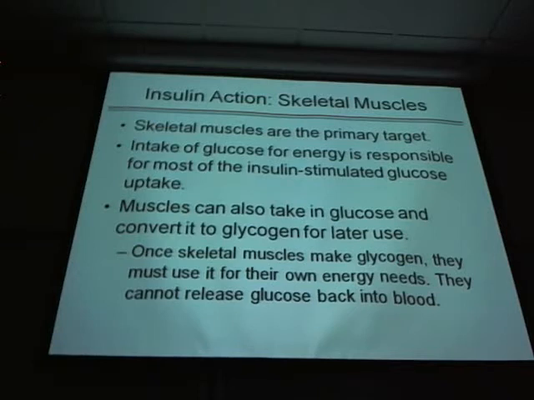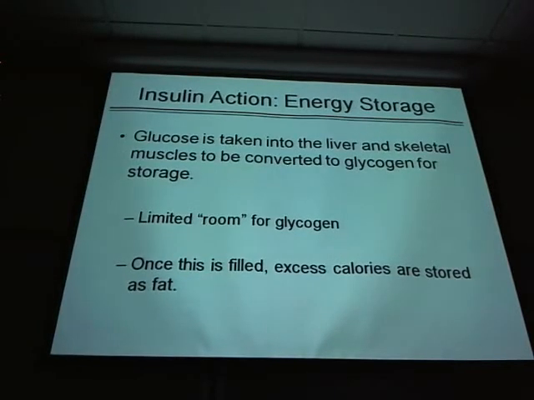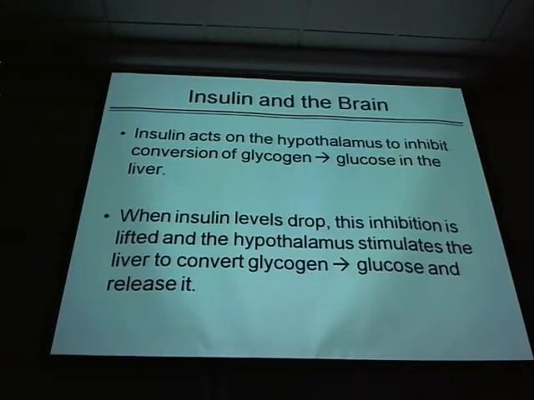The insulin puts the GLUT4 receptors in there. Muscles take in the glucose and convert it to glycogen. It stays in there and doesn't come back out. Energy storage: glucose is taken to the liver and skeletal muscles and converted into glycogen for storage. There's limited room, everything else then goes on as fat.